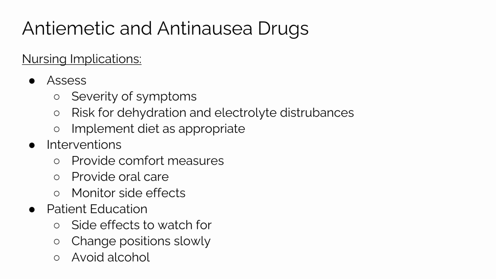Side effects are not listed on this slide, but know that they can vary widely depending on the specific drug. Common ones include fatigue, drowsiness, headache, and constipation. Regarding patient education on antiemetics and anti-nausea drugs, educate the patient on those side effects to watch for. Have patients change positions slowly and make sure they avoid alcohol.